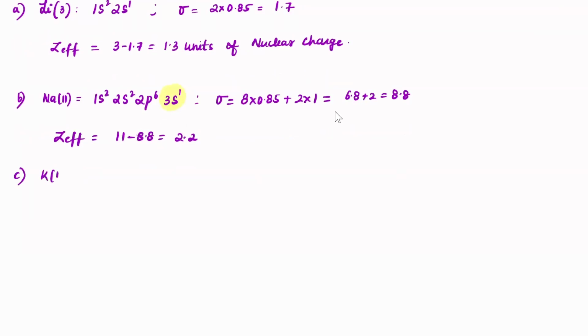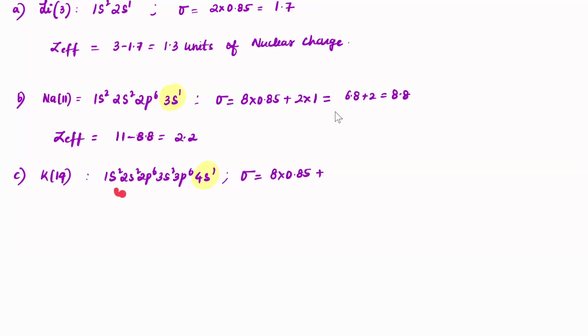Check out the same for potassium. Potassium is 19, so the configuration is 1s2, 2s2, 2p6, 3s2, 3p6, and 4s1. Now, this is the outermost electron here. How much is the contributing factor? These are n minus 1, so n minus 1 is 8 electrons, each contributing 0.85 of repulsion.